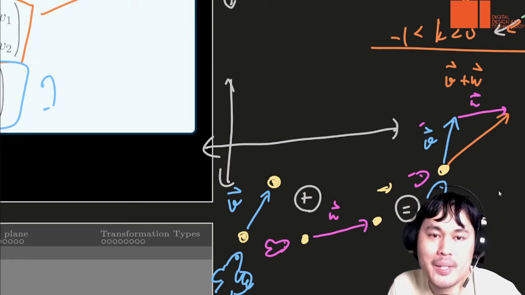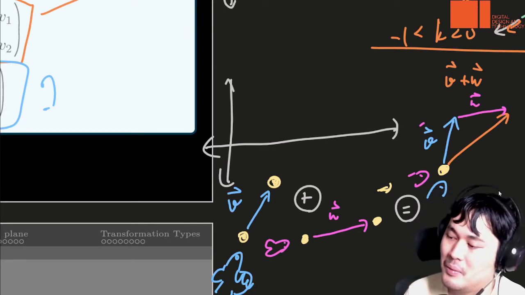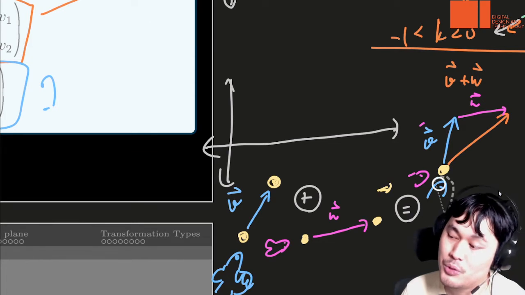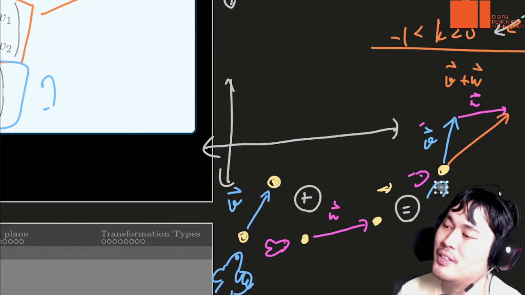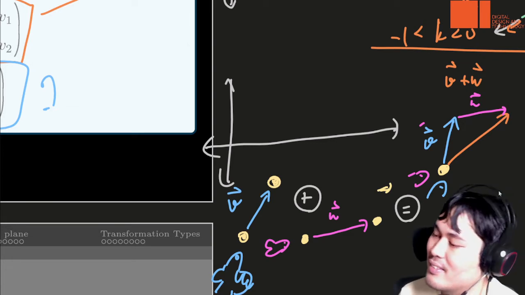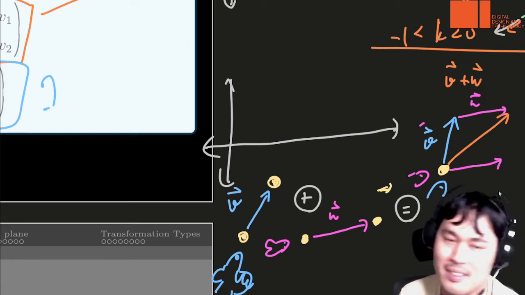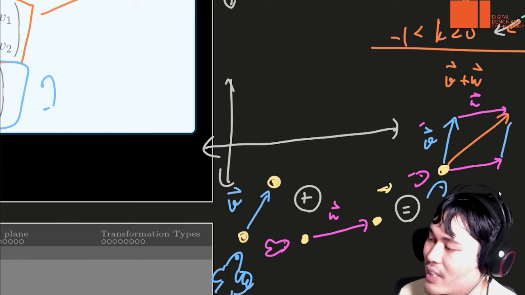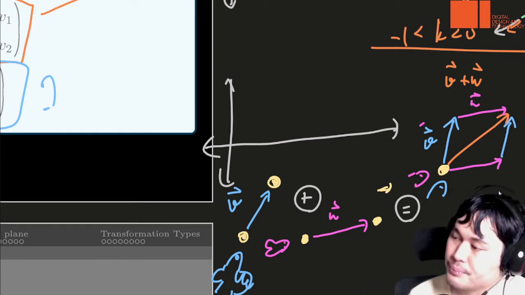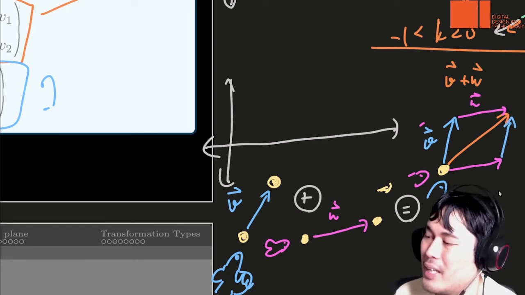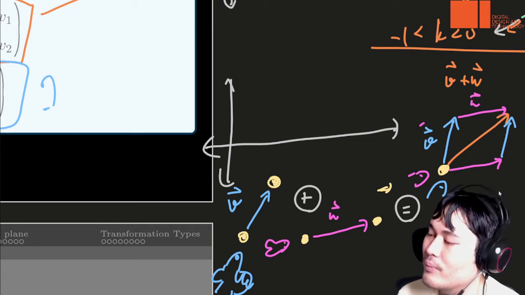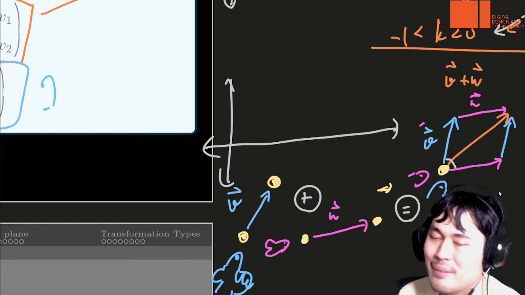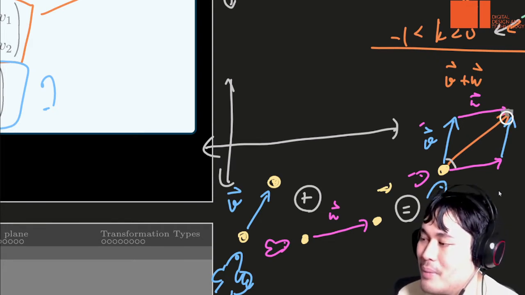Also, you may ask, why do we have to push using the blue finger first? Can you push using the pink finger first? The answer is yes. And indeed, if you do it that way, you're still going to get the same result. And here we use a math fact that this is a parallelogram, and so they meet at the same point.